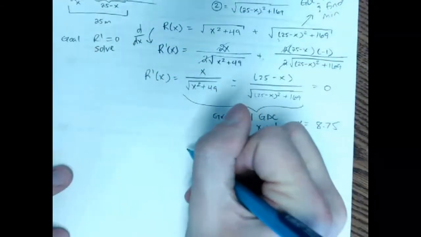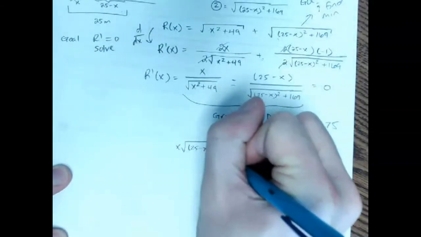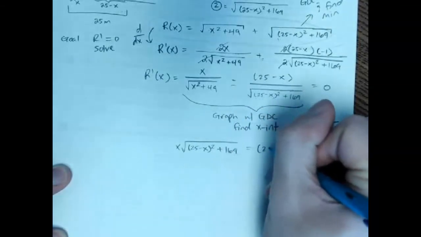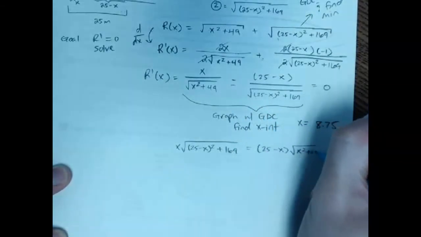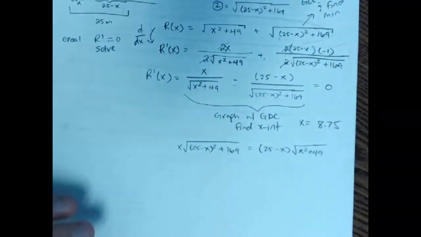I've got x times... okay, so there we have it. Move that chunk over, cross multiplied. Then you'd want to square both sides.